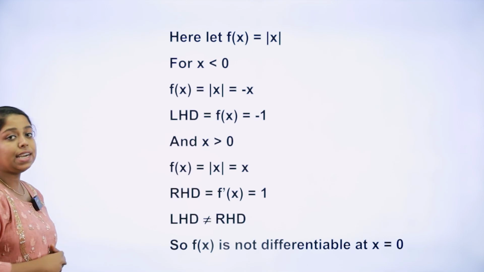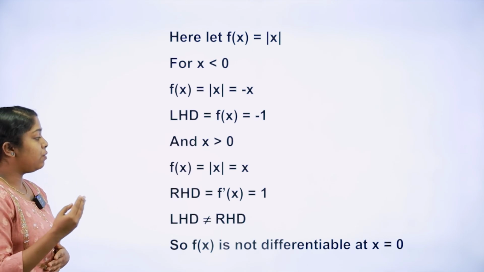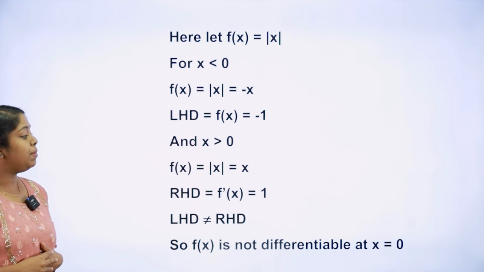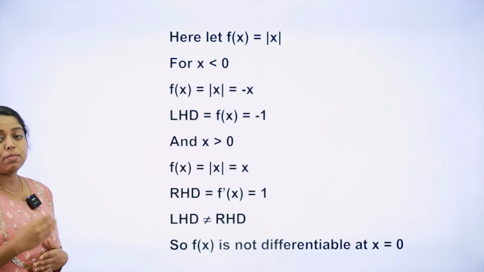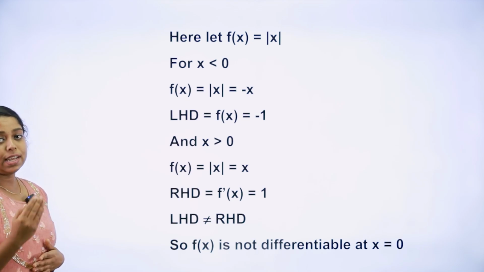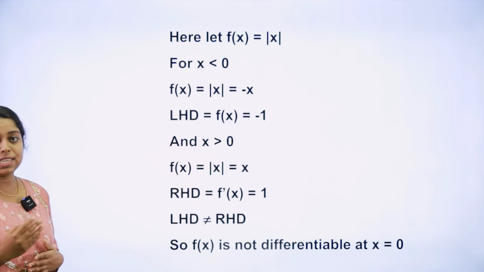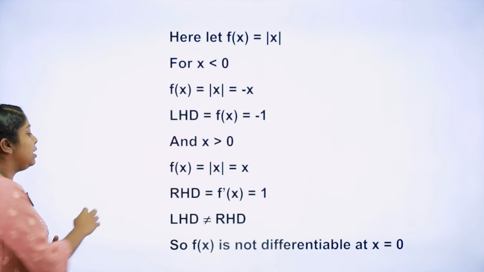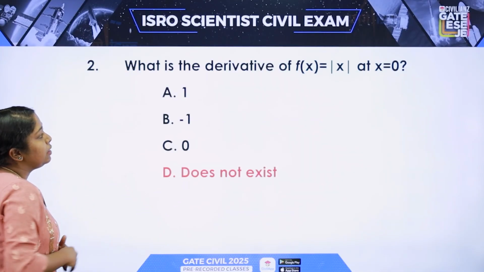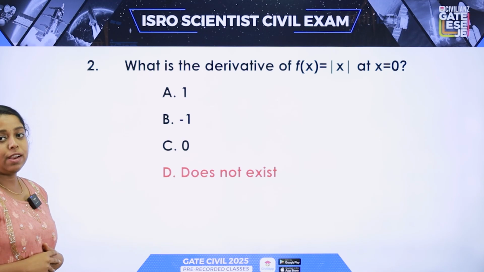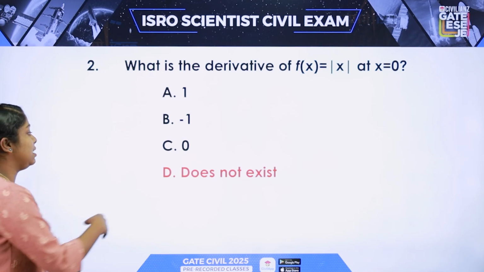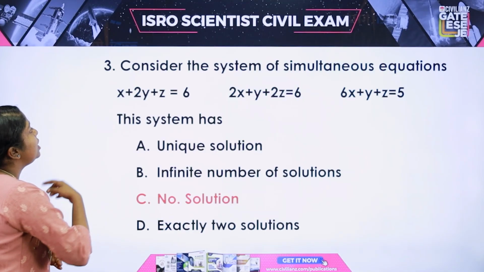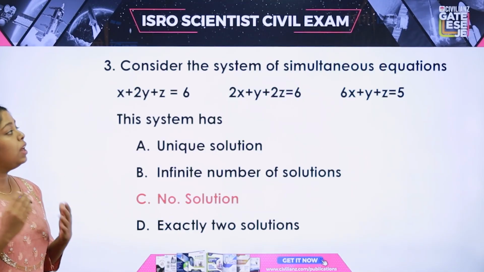On taking the right hand derivative, f dash of x will become 1. From this we find that the left hand derivative is not equal to the right hand derivative. Thus the answer is that there is no derivative available for f of x is equal to mod x at x is equal to 0. Now let's move on to the third question.